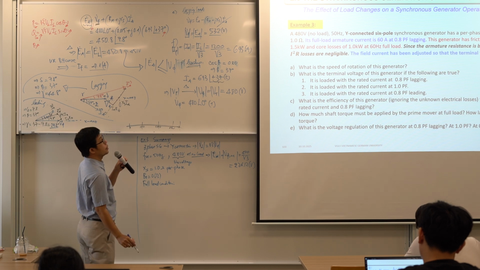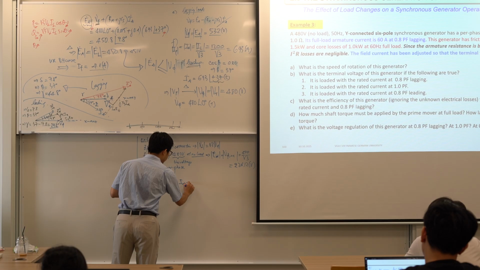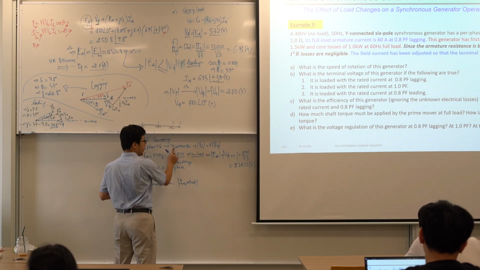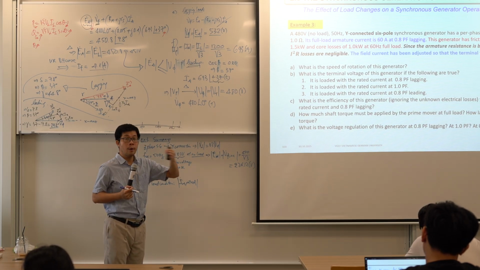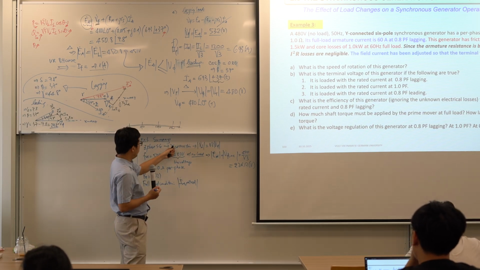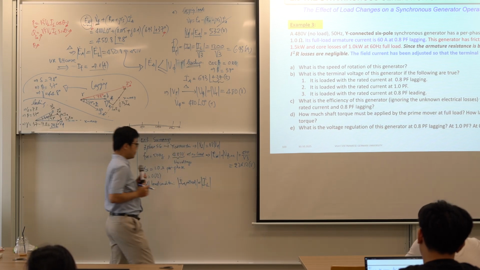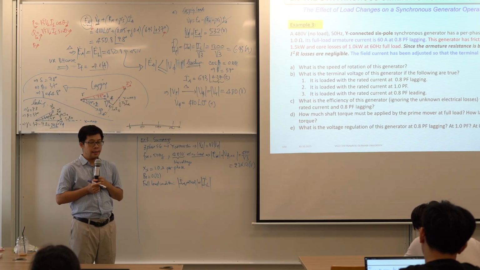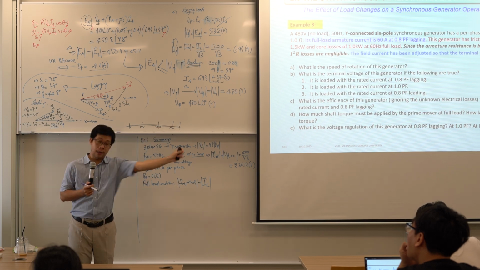So if we consider full load condition, you get IA rated. Remember that. This one is Y, three phase. So the current and the voltage are always line parameters. So this one is line current, and this is Y connection, so phase current is equal to line current, right? I emphasize again. If we have three phase, the voltage is always line voltage.